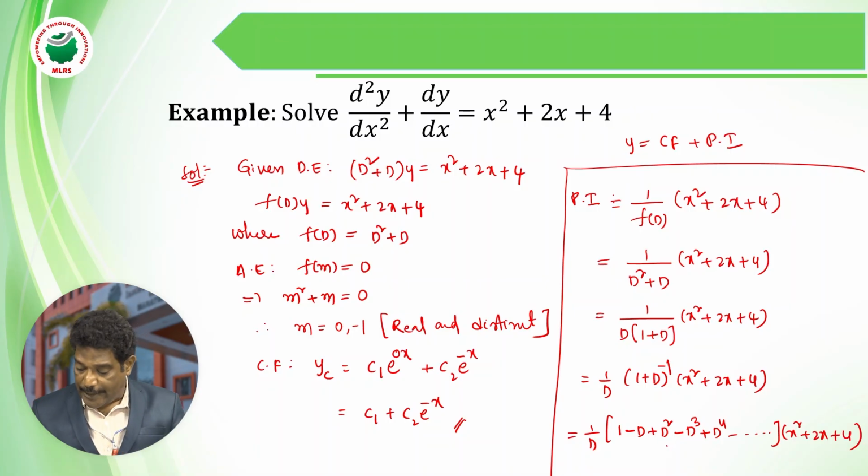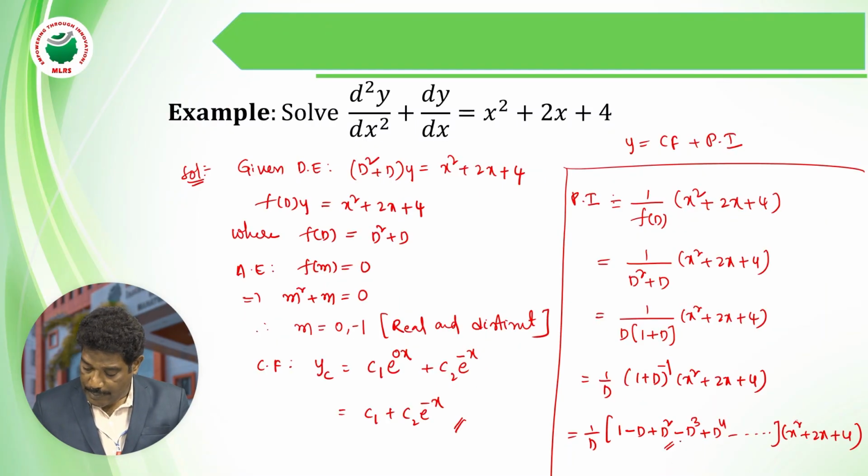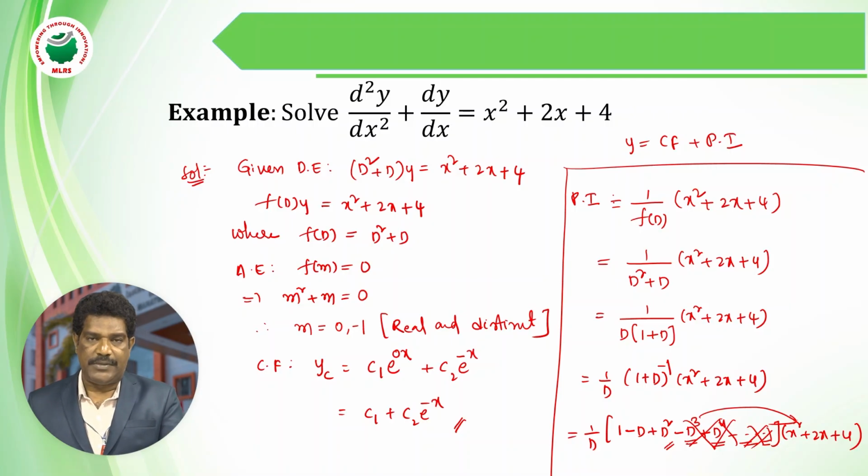Here I need to expand up to whatever the x highest degree is. Here the highest degree is x square, so at least you need to expand it up to the D square term. Okay, continue. Equals 1 by D into. D cube, D power 4, D power 5, D power 6, and all the terms become eliminated because their degrees will be more than the degree of x, so their derivatives become 0.